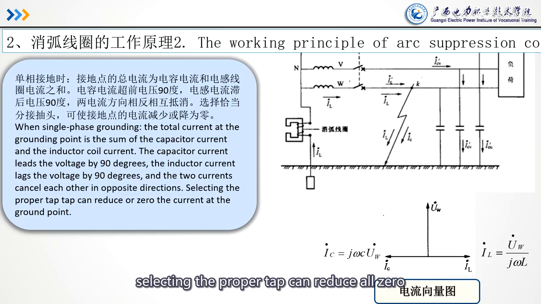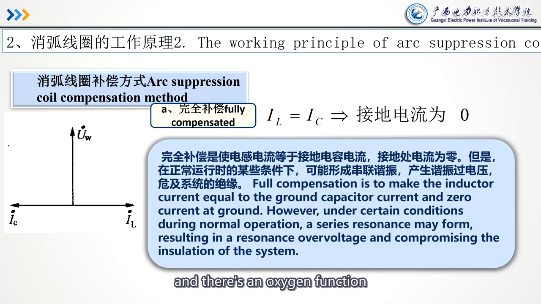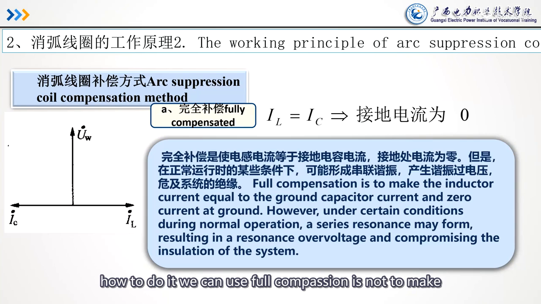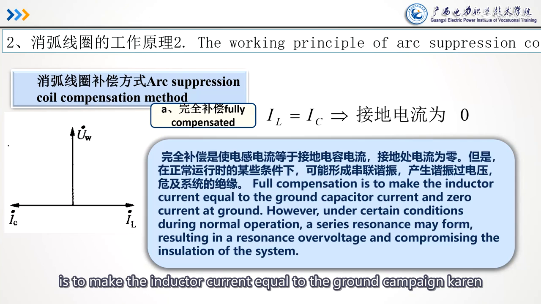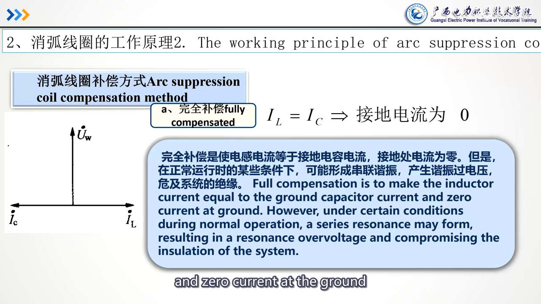Selecting the proper tap can reduce or zero the current at the grounding point. And there are arc suppression coil compensation methods. How to do it? We can use full compensation, which is to make the inductor current equal to the ground capacitor current, giving zero current at the ground.